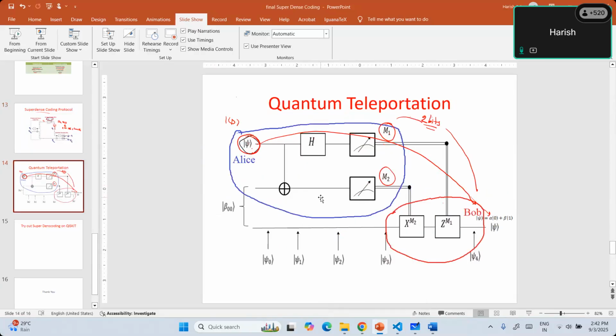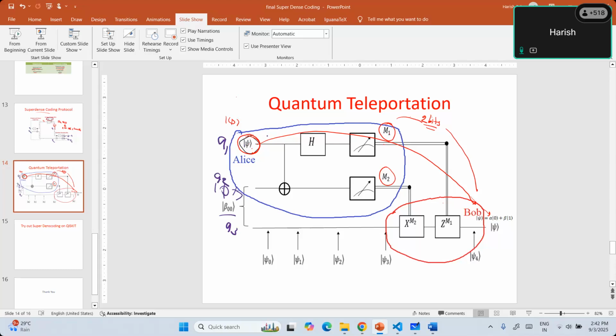So in quantum teleportation, Alice has an entangled pair, basically the Bell pair phi plus, and one qubit of that. This is qubit 1, this is qubit 2, and this is qubit 3. So Q2 and Q3 are part of Bell pair phi plus, and Q1 is in a state psi which Alice wanted to send to Bob.